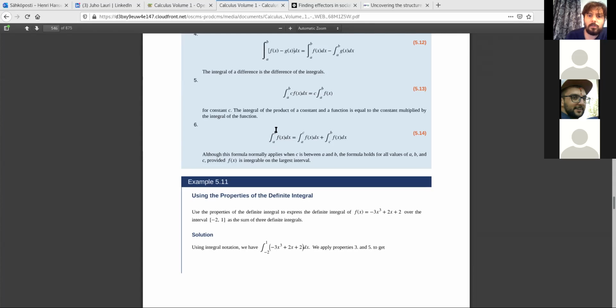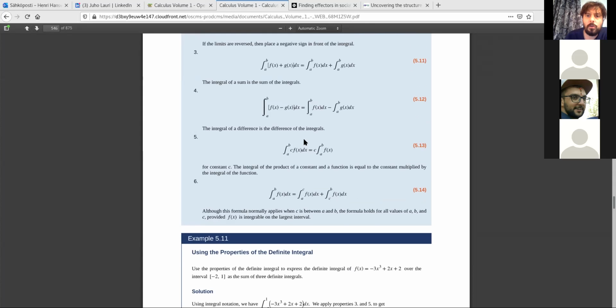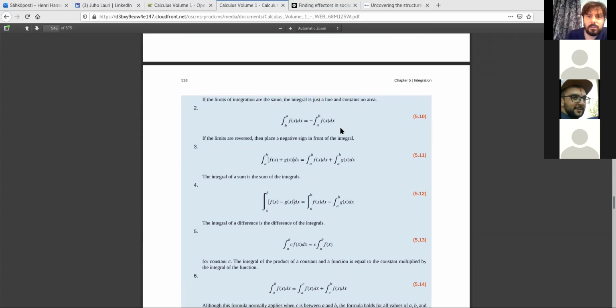You can split it from A to B into A to C and C to B. And for this to be true, we need this to be true even when C goes outside A and B. I mean, this works even if C is bigger than B. If A is smaller than B and C is bigger than B, then this definition works if we assume that reversing those results in negative.